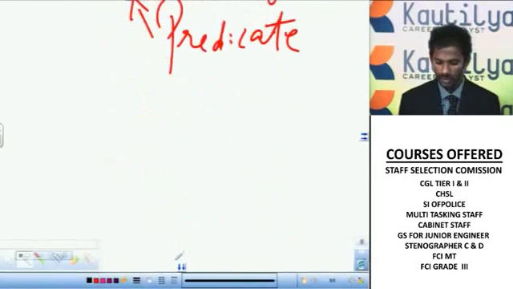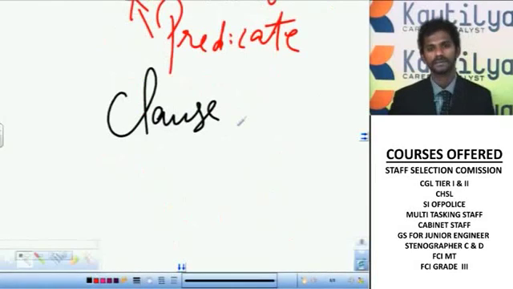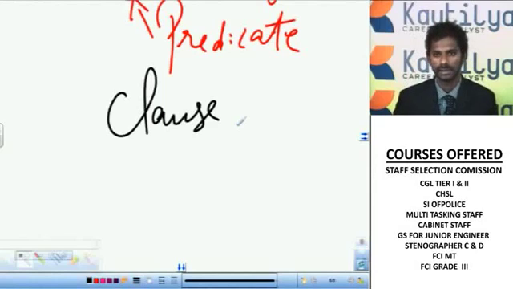Now come to a clause. A sentence will contain at least one clause. There will be at least one clause in each and every sentence. There may be 2 or 3 sometimes, but at least one.